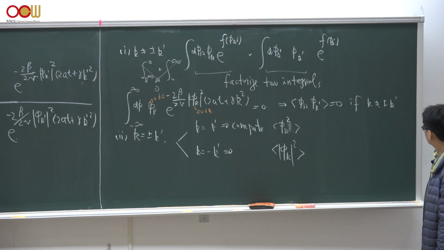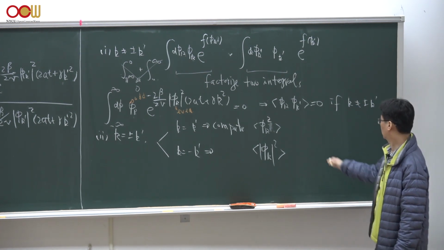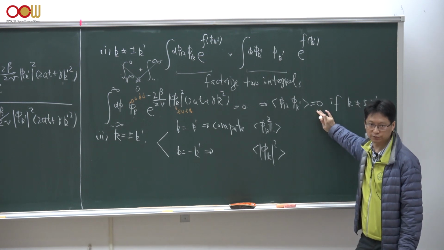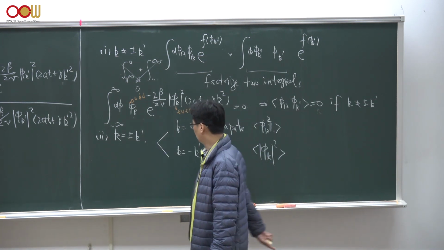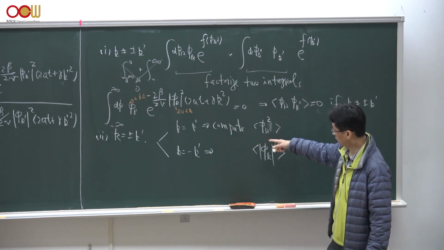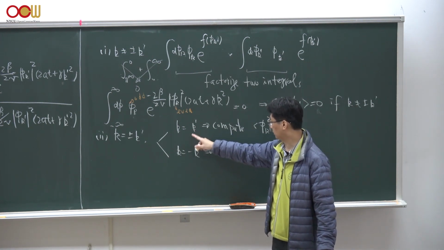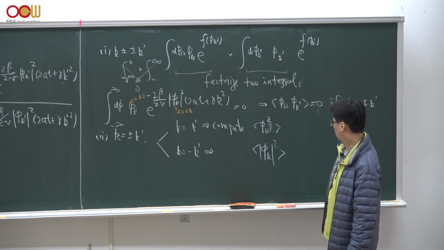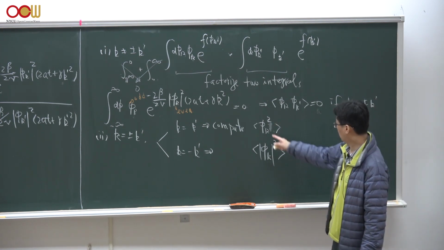Which means that if k has nothing to do with k prime, then you get 0 for this correlation function, which is good. And the second case is when k is related to k prime by plus or minus. So we should compute this separately depending on whether k is equal to plus k prime or minus k prime. For the plus one, we should compute this phi k square without the magnitude.